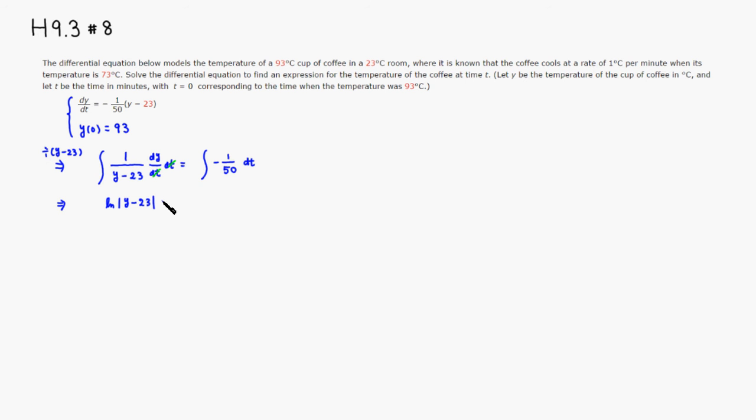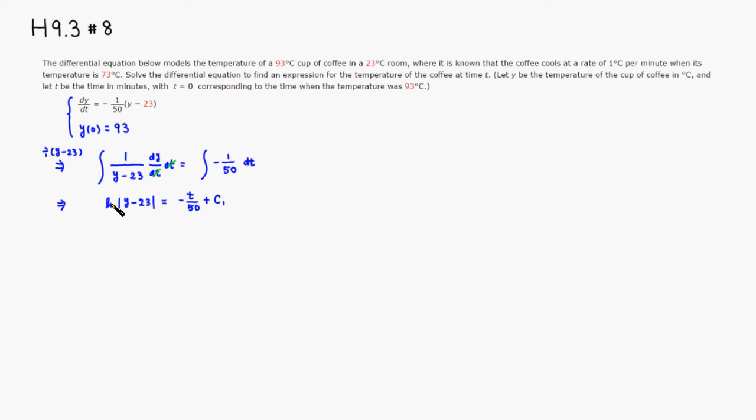Then the antiderivative of negative 1 over 50 with respect to t would be negative t over 50, plus some constant, I'm going to call it C1.